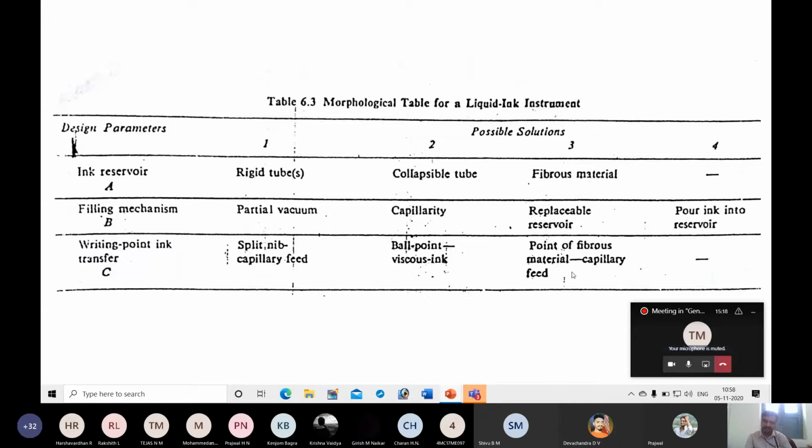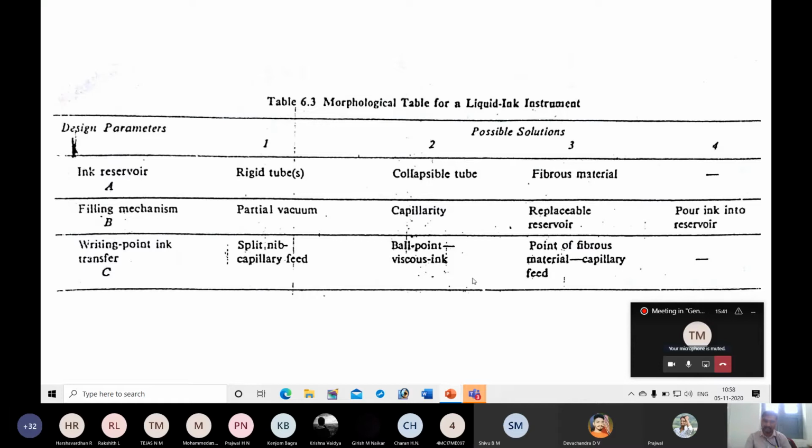So you have seen the various combinations. If you compare the pens or sketch pens available in the market, you can choose the combination and you will get the available products. So this is about the morphological table.